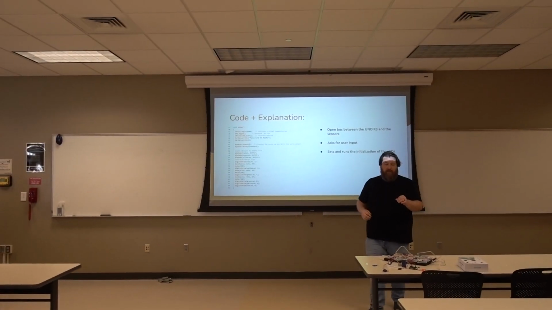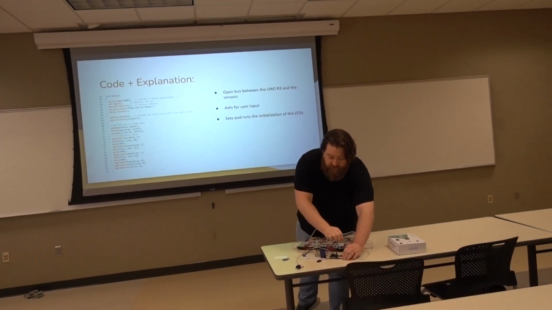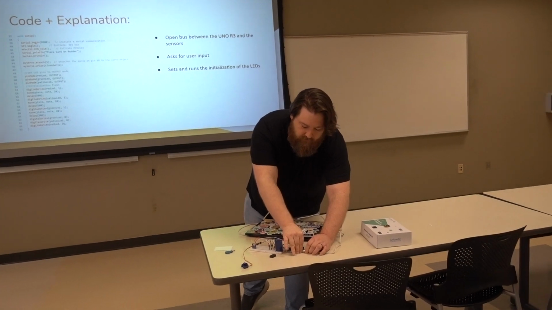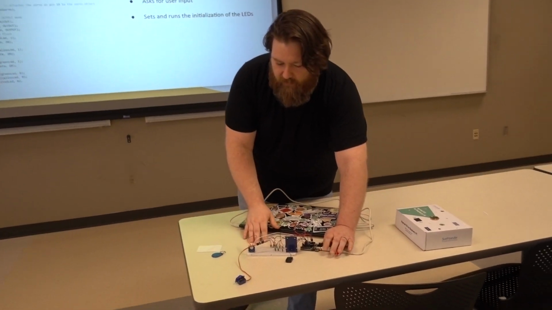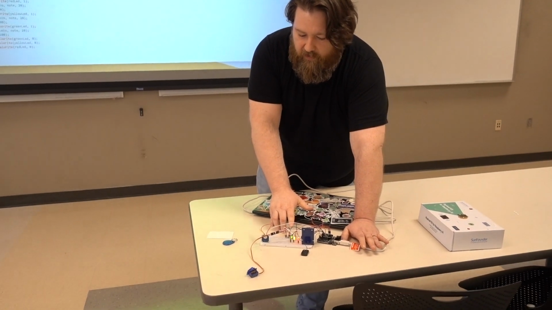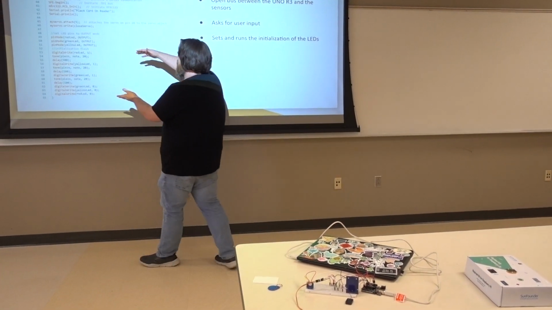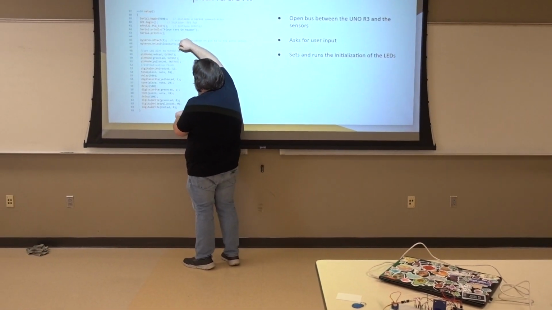And I'll actually go ahead and demonstrate what this code looks like. Right after the void setup, you'll see everything come on, and the lights flash and initialize. So what you're seeing is actually this section right here.